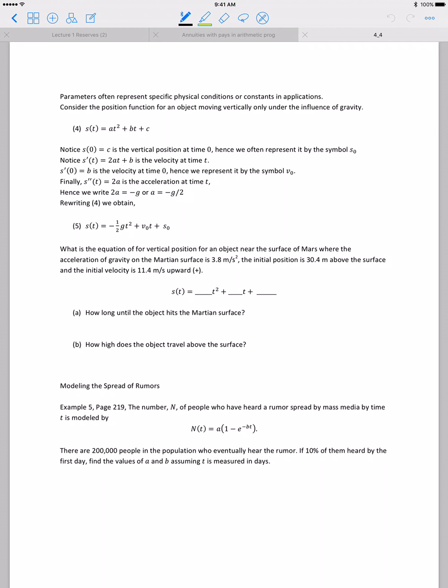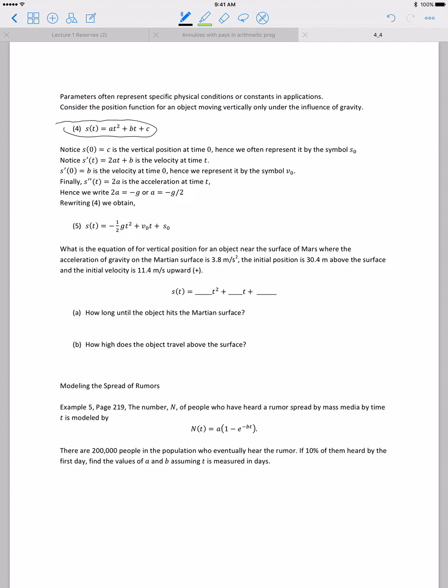Okay, so let's look at a specific example. In this case, in equation 4, we're going to look at s of t, which represents a position function for an object moving vertically only under the influence of gravity.